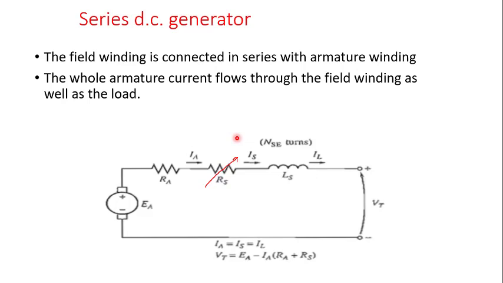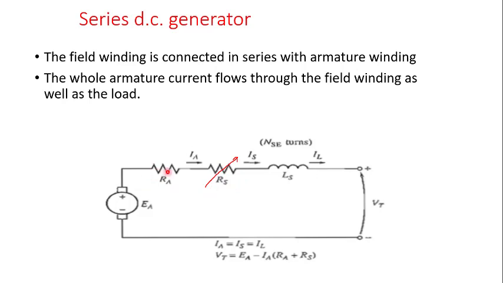So now let's see how we can come out with the terminal characteristics of the DC series generator. Ideally this voltage should have been equal to this voltage, but because of the drops over here, there will be a drop across this particular resistor. The current flowing through this resistor will also cause another drop here. So in a series circuit, there are going to be two drops.